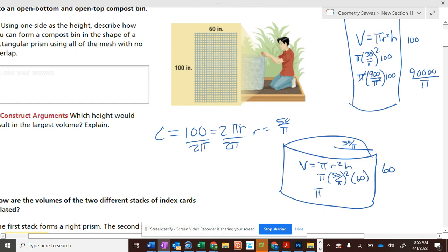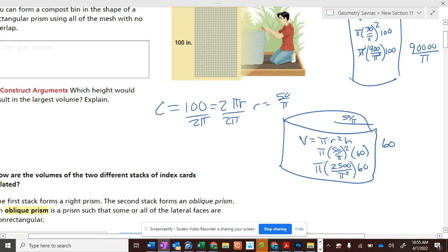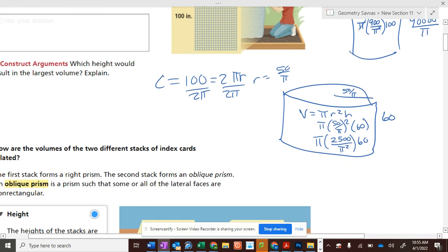What's 50 squared? 2,500 over pi squared times 60. So if we take 2,500 times 60, what are we going to get? A big number. So it's 150, 15 with 5 zeros.